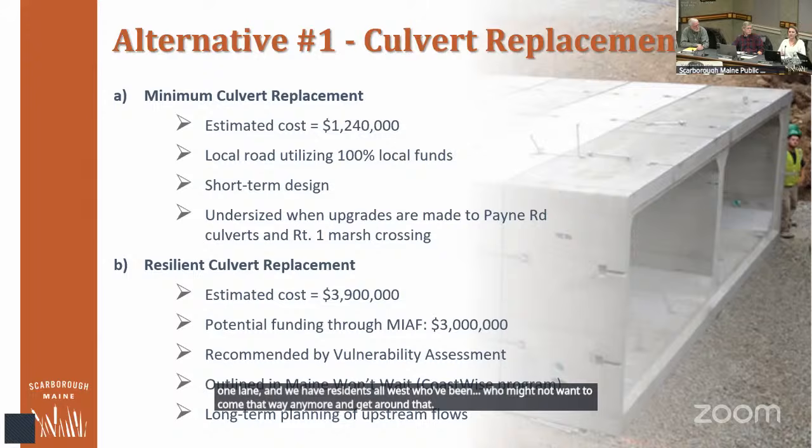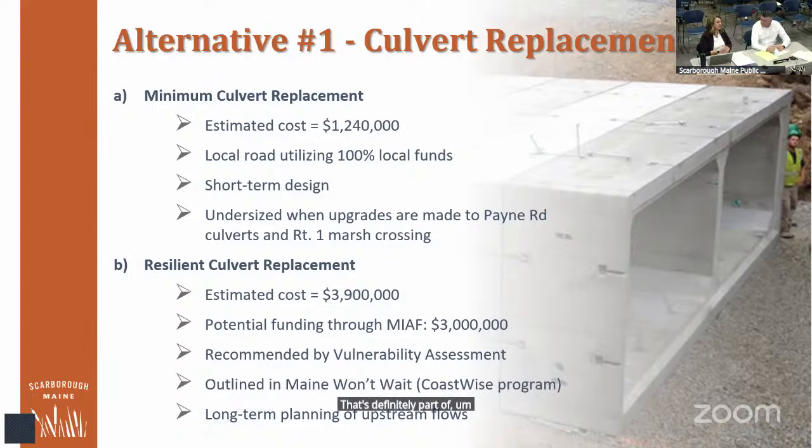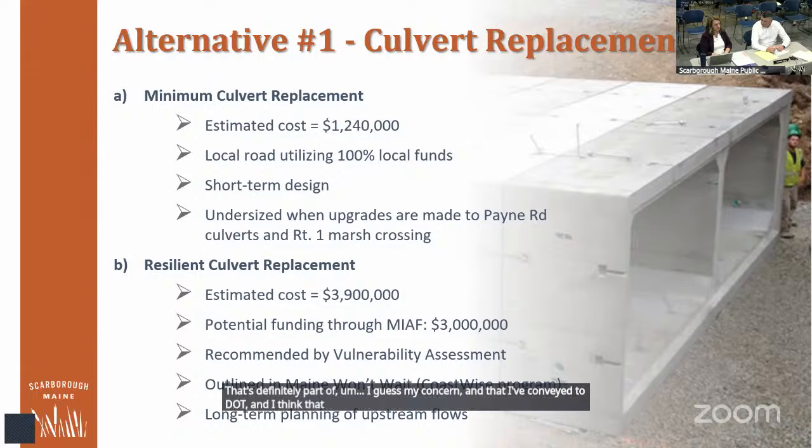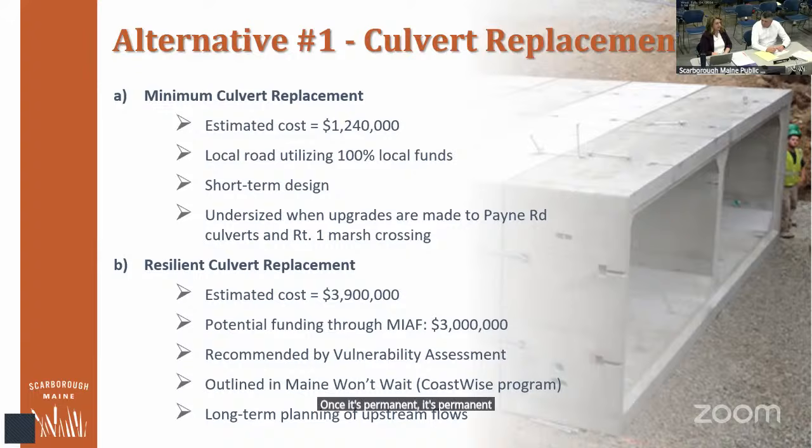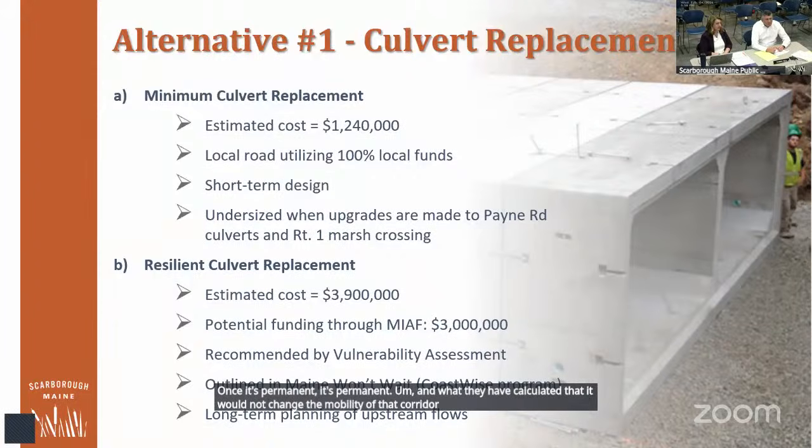That is definitely part of my concern, and that I've conveyed to DOT. I think that's why we actually started down the path of a pilot project to look at it, because once it's permanent, it's permanent. What they have calculated is that it would not change the mobility of that corridor. I think it's going to be important to see that.